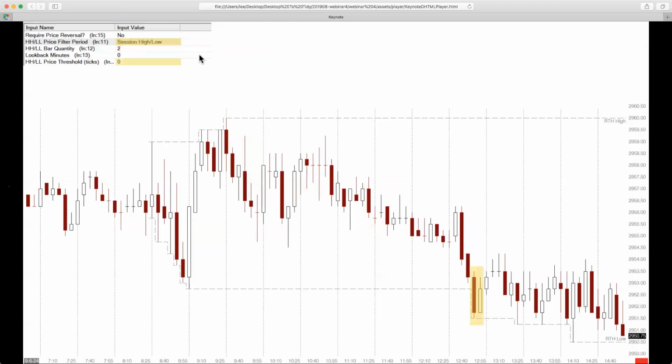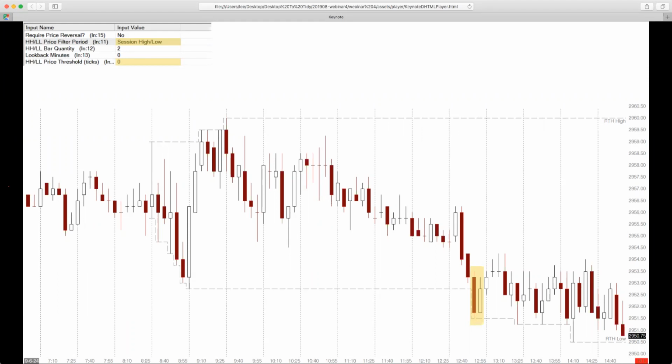What we've got here is we can filter on the session high and session low. So on this chart, I've overlaid the day session RCH high and the day session RCH low. So what we're now doing is by setting the price filter period session high or session low, we will only evaluate bars which are at the session high or session low.